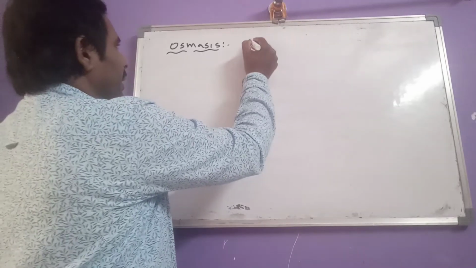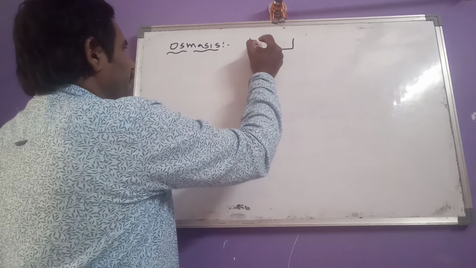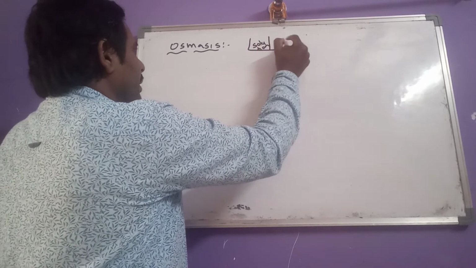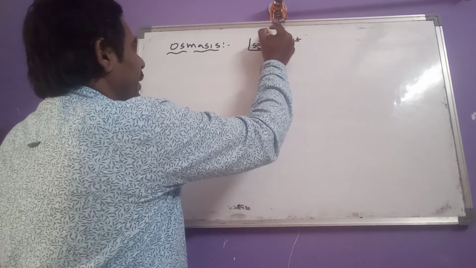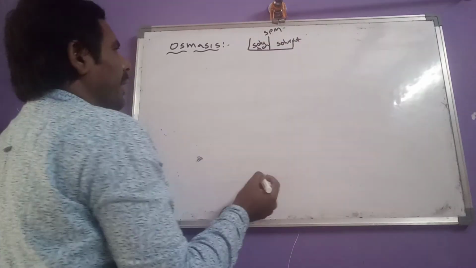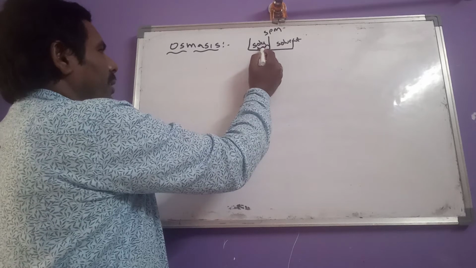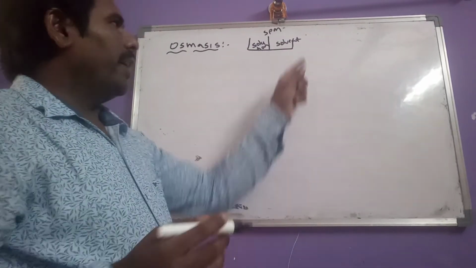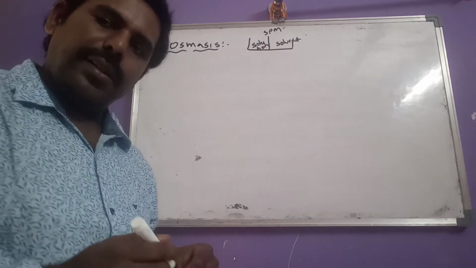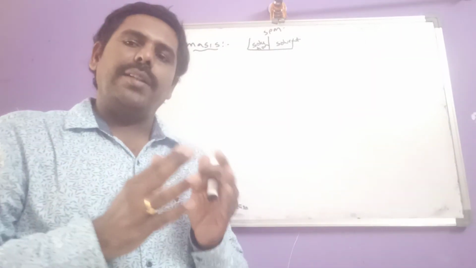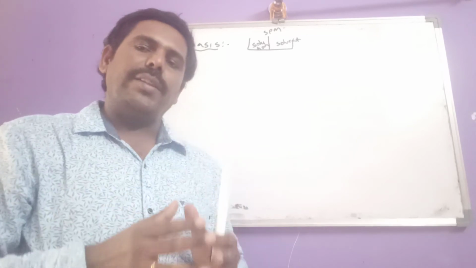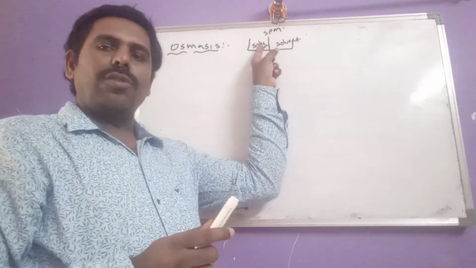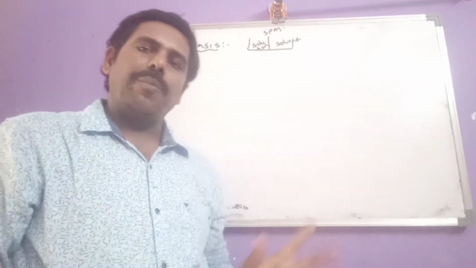That means here, when a solution and solvent are separated with a semi-permeable membrane, the solution moves into which one here? Sorry, the solvent moves into which one? Solution. The solvent moves into the solution through the semi-permeable membrane.